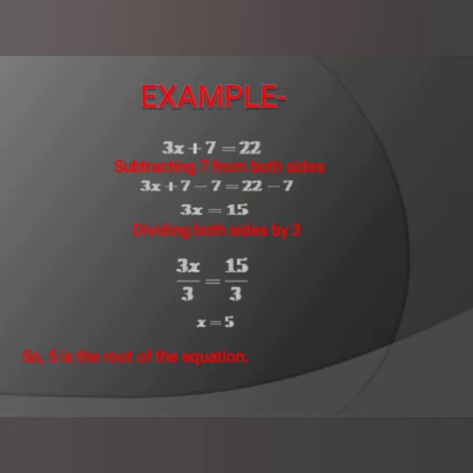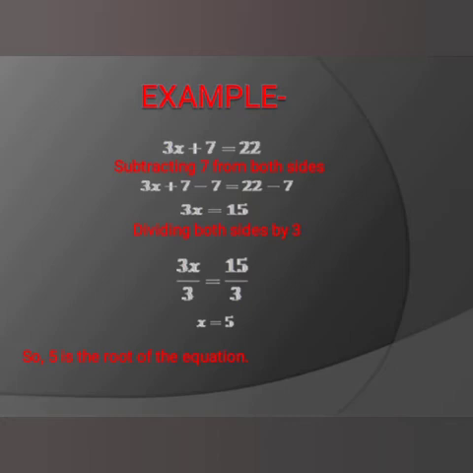Now we will divide both the sides by 3. 3x upon 3 and 15 upon 3. So 3 and 3 will get cancelled out and 3 5s are 15. So the value of x is 5. So 5 is the root of the above equation.